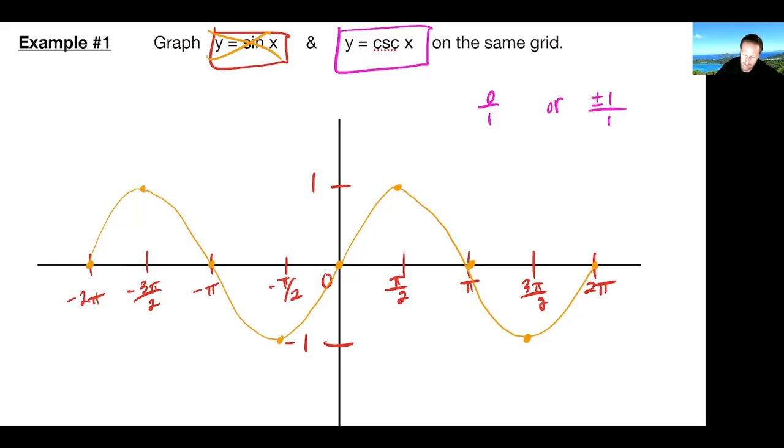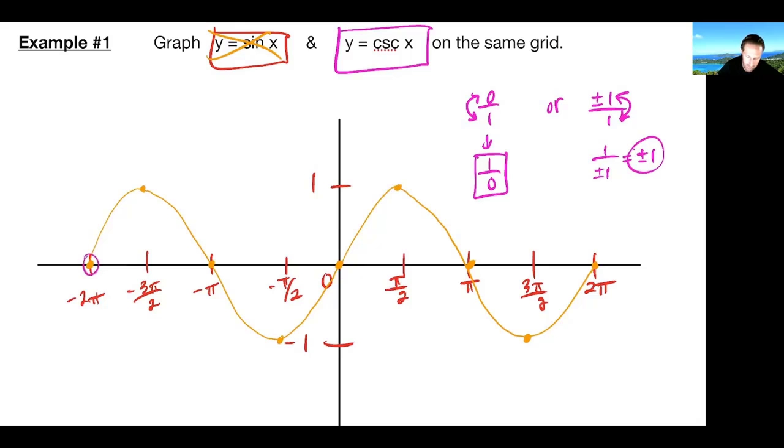Okay, when we take these and we actually do the reciprocal and we flip them to get our cosecants, then when we flip the positive or negative 1 over 1, we still get that positive or negative 1. So that's not going to change. The reciprocal does not change the positive or negativeness of it. But when we flip the 0 over 1, that yields a 1 over 0. And that, my friends, is what we have to worry about.